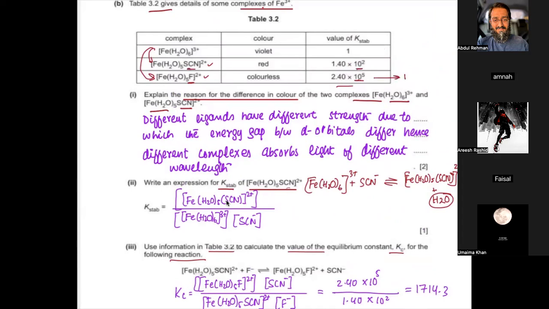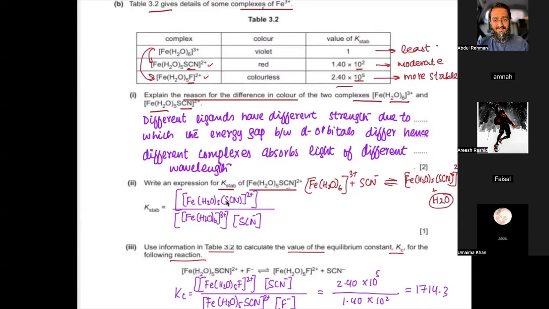So which indicates that this one is more stable. This one is moderately stable among the three. And this one is least stable.